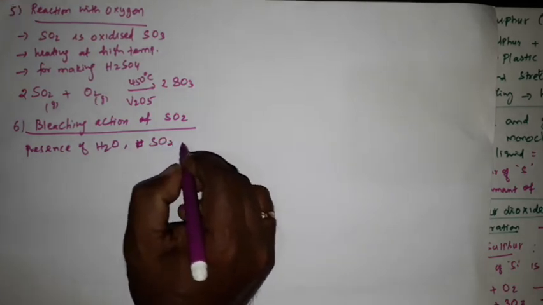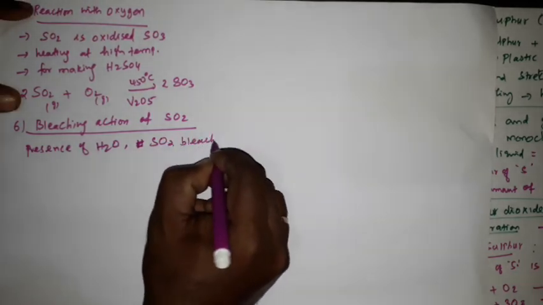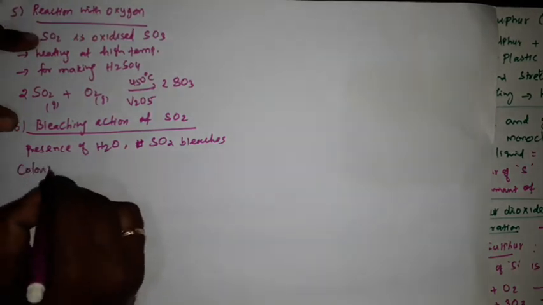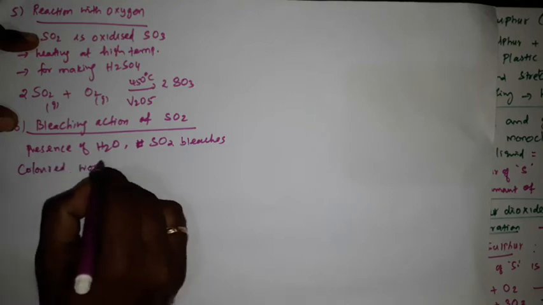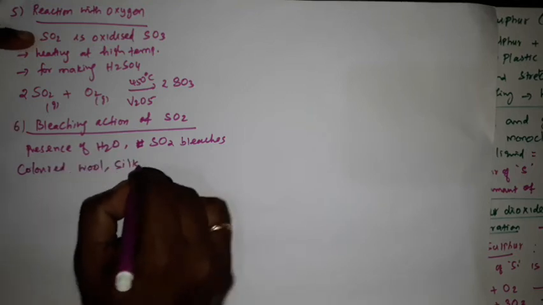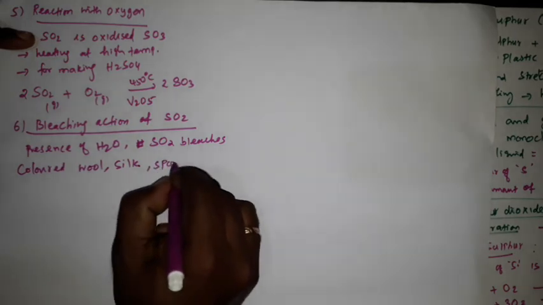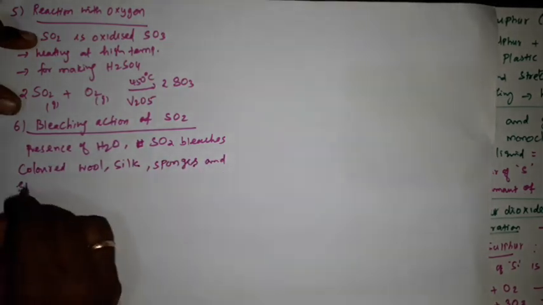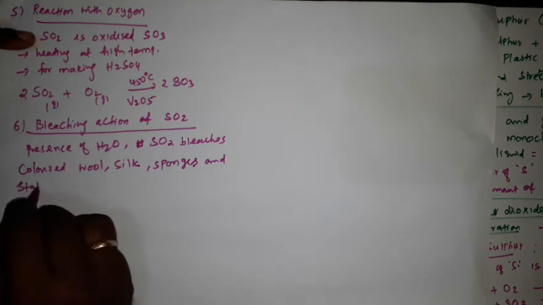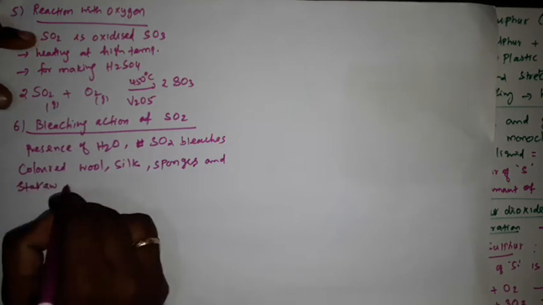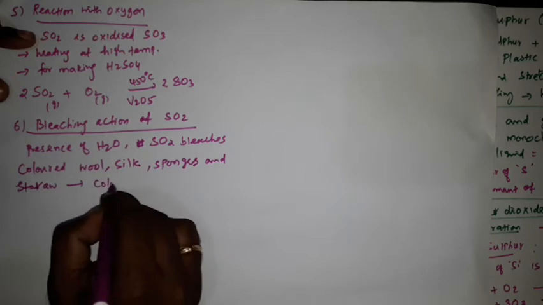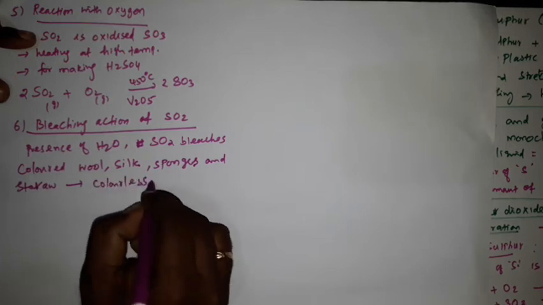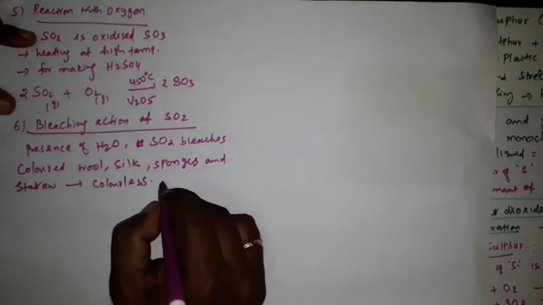So sulfur dioxide bleaches colored wool, silk and sponges and straw, etc. into colorless. This is due to the reducing property.